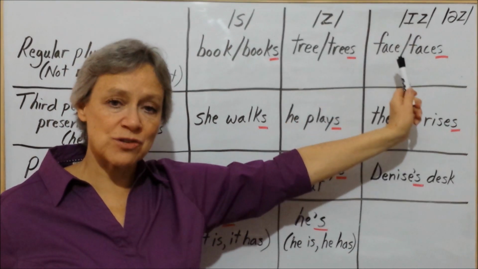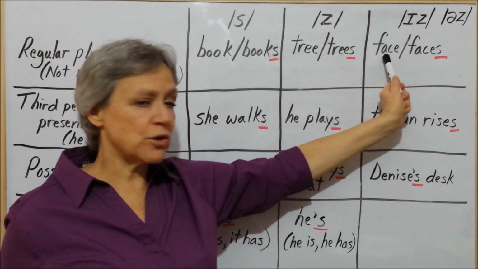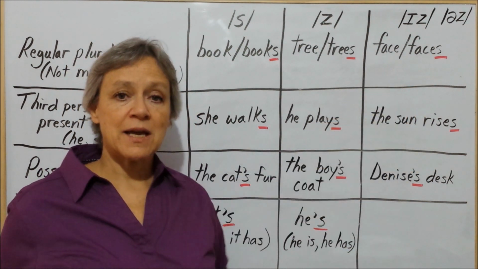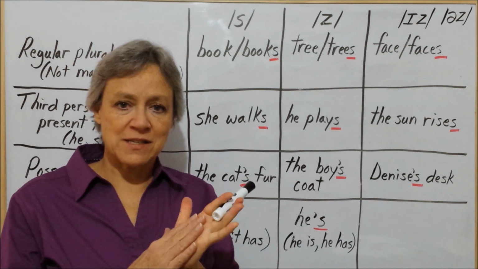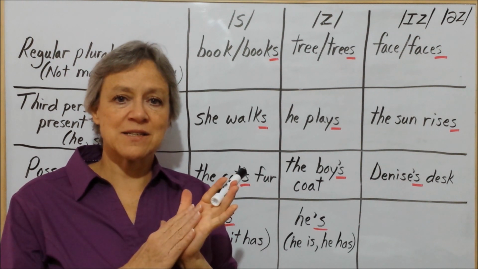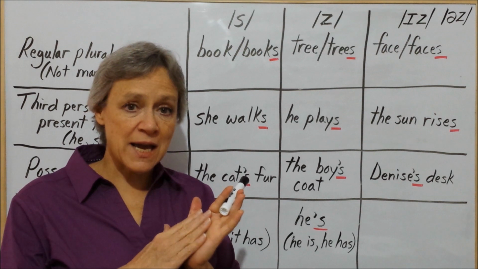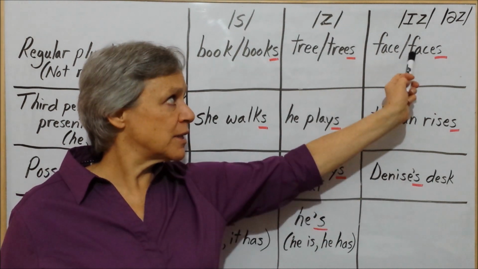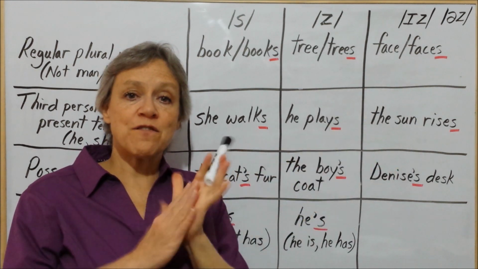So this word is face. It has 1 syllable. If you listen, 1 beat. Face. That's 1 syllable, 1 beat. But as soon as I add an S to that word, it becomes faces. Now it has 2 syllables.